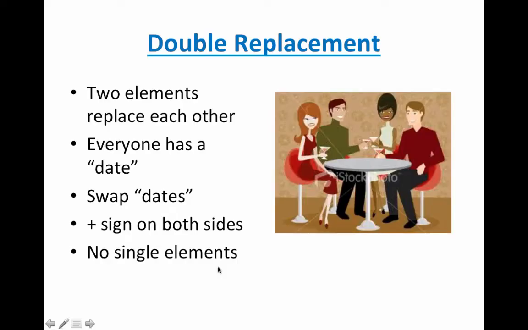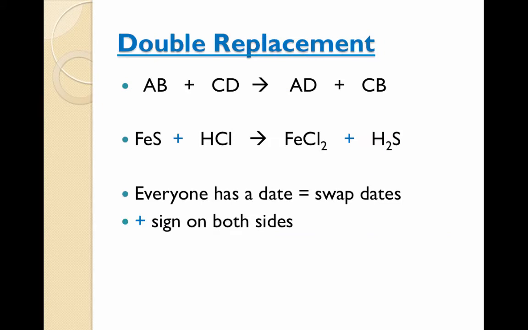So double replacement's similar to a single, except 2 elements replace each other. Basically, everybody has a date, or everybody decides to swap dates. You're going to notice a plus sign on both sides, but there will be no single elements. You're going to have compounds all around. So take a look at this. You've got AB plus CD. Everybody rearranges, decides they like somebody else, and you've got AD plus CB.